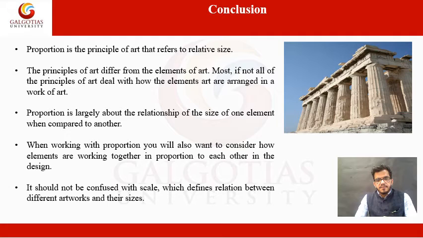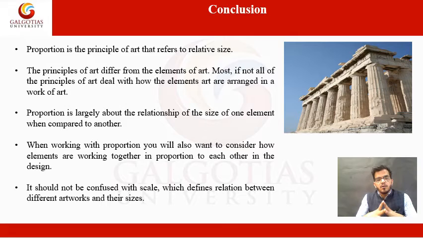So let us conclude the lecture with the following points. Proportion is the principle of art that refers to relative sizes of different elements in a composition. The principles of art differ from the elements of art.